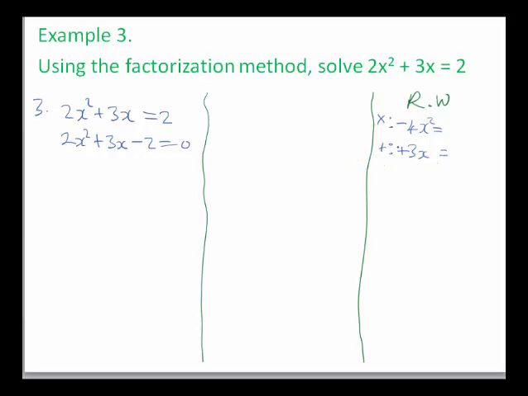Now the next thing to do is to check the factors of 4 such that when we multiply them we get -4, and if we add we get +3. So we single out 4 and say 4 is 1 times 4. But this one is not 4, it is -4.